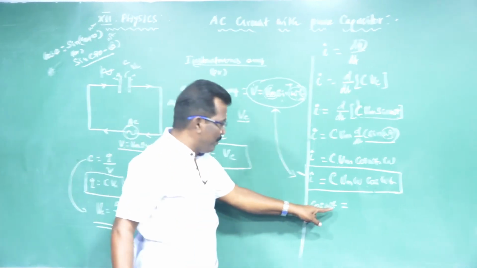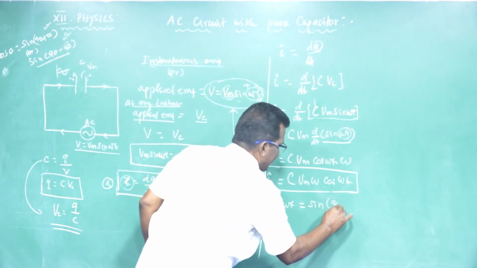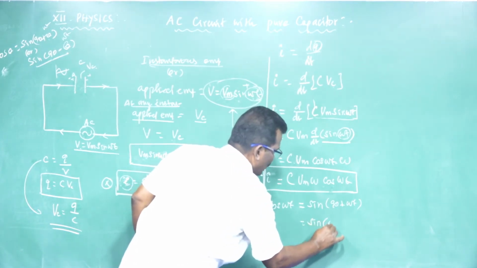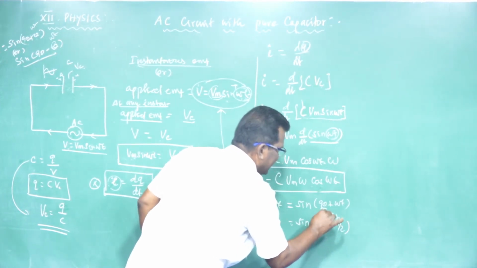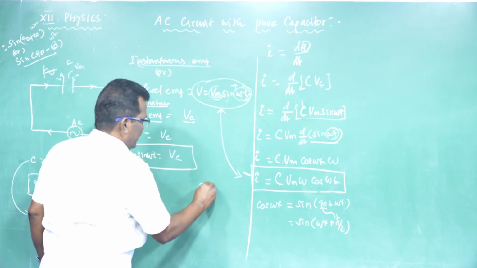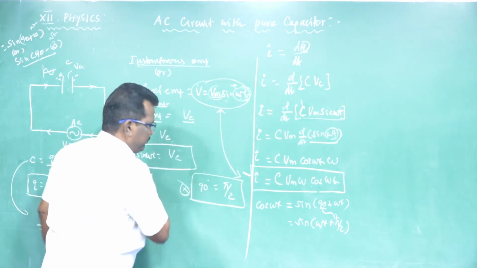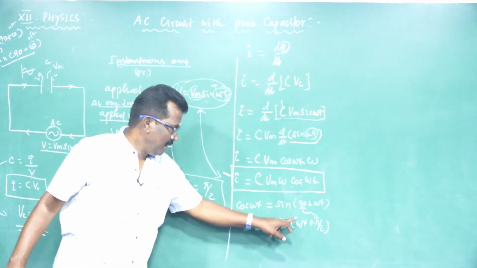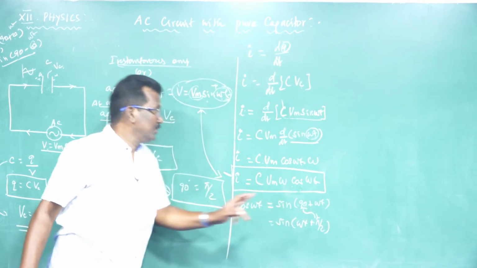So cos omega t could be written as sin 90 plus omega t, or rearranged, sin omega t plus pi by 2. 90 degrees is equal to pi by 2.